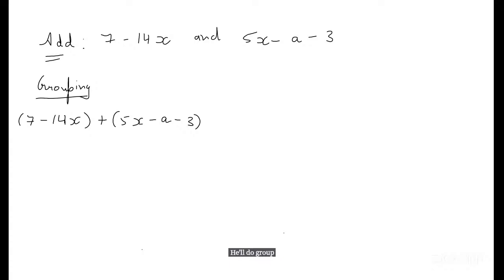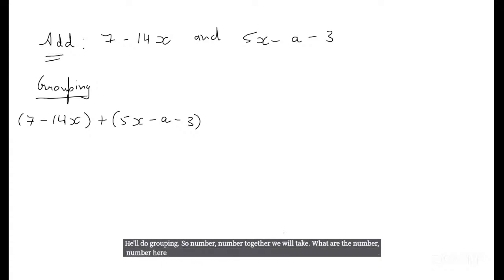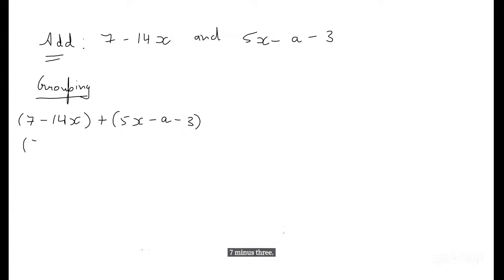So numbers together we will take. What are the numbers here? 7 and minus 3. Then we'll put a plus sign. What are the like terms? Minus 14x and 5x. Ma'am, you keep forgetting the plus. This plus is included with the whole thing, that is why I'm not saying it.